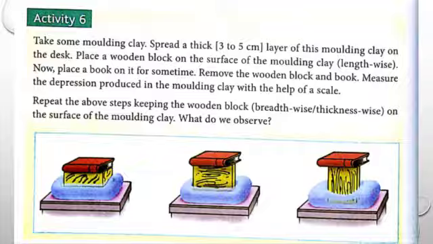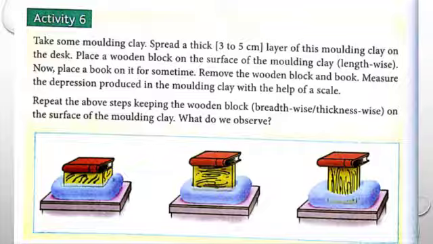Then the book is removed from the wooden block, and we measure the depression produced in the molding clay with the help of a scale.